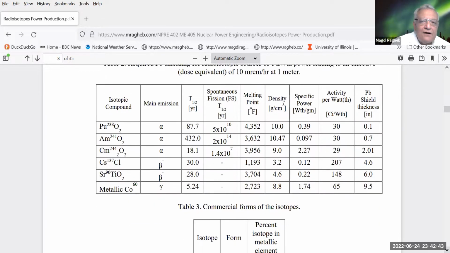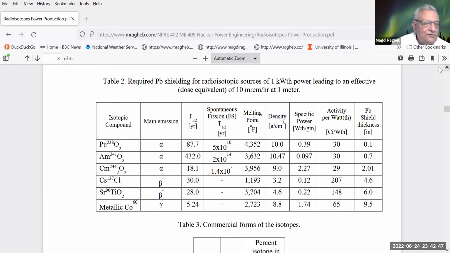All right. Now, if you have isotopes that are emitting gamma radiation and you are designing one of them for applications in outer space in the future, based on the moon or based on Mars, who knows what you will be doing. You'll find that sometimes the isotopes are not used as pure metal.